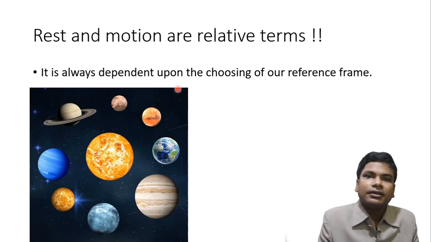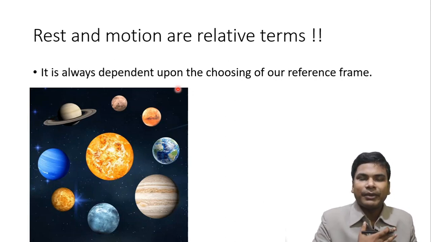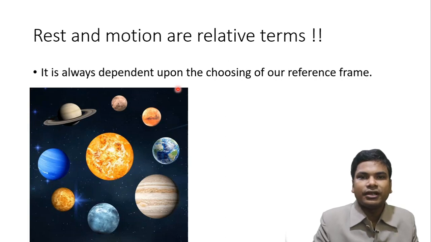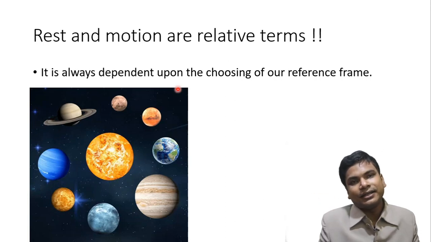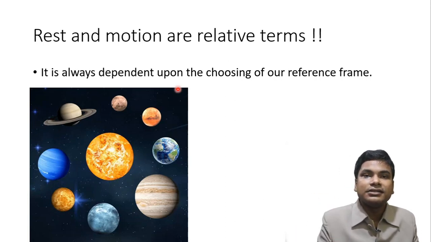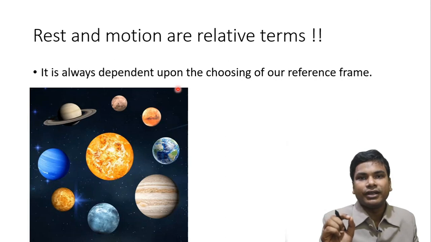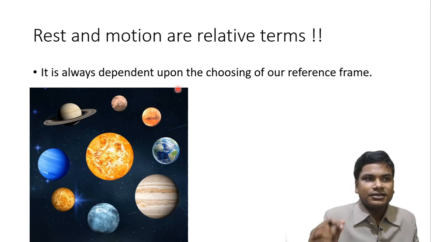Now, why? I am sitting over there. Am I at rest or am I in motion? Let me ask this question to myself. The answer is either rest or motion. I cannot answer a single way, because suppose this is our earth.